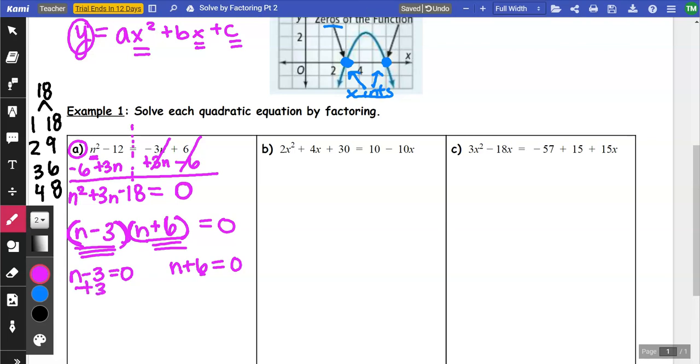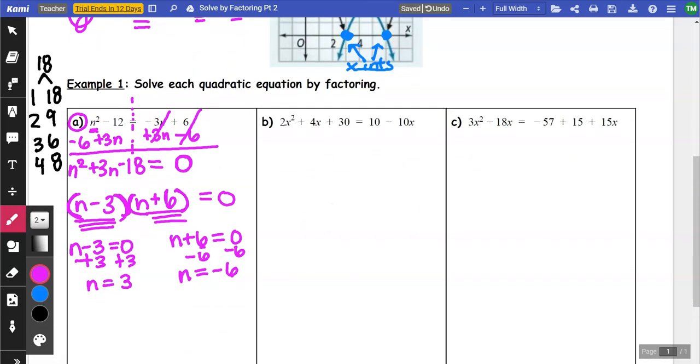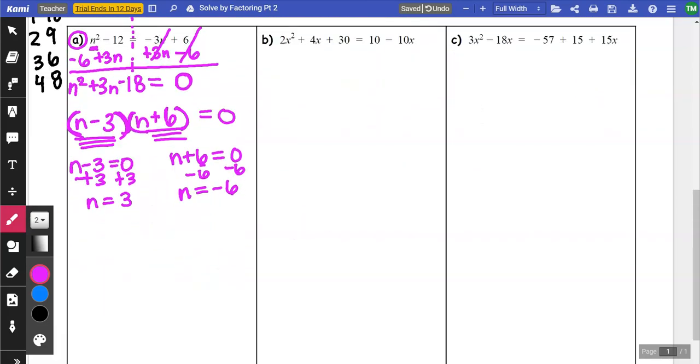So let's add 3 to both sides, solving for n equals 3. Subtract 6, so n equals negative 6. And then step 4 is to simply write your final answer, and of course, check it. So we have n is equal to 3 and negative 6 as our final answers.